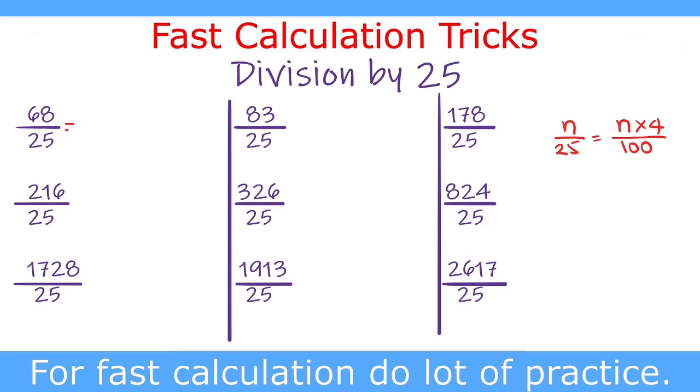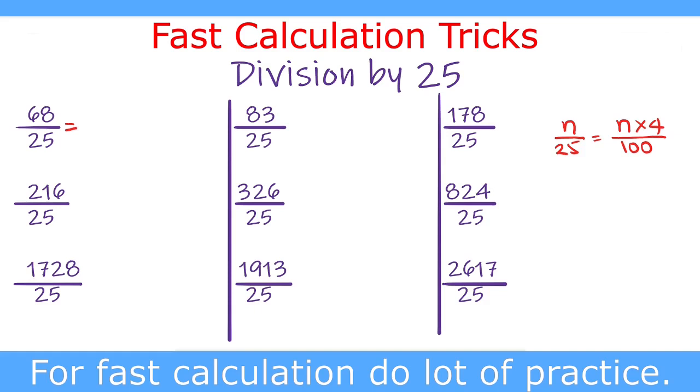And our first question is 68 divided by 25. So we multiply it by 4 and divide it by 100. 68 times 4. Instead of making times 4, we double it 2 times. 68 times 2 is 136 and 136 times 2 is 272.